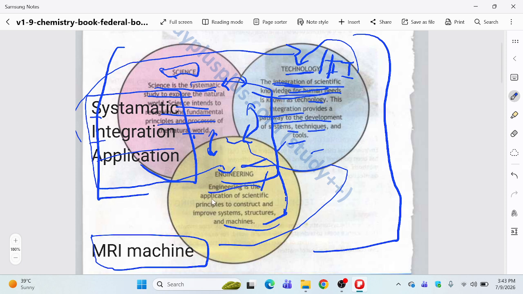Engineering is the application of scientific principles to construct and improve systems, structures, and machines. So application of scientific principle, remember this. One is scientific principle, one is scientific knowledge, and one is systematic study. These are three main points I forgot to give in the last lecture, so please listen to this lecture also. So engineering uses scientific principles to construct and improve systems.